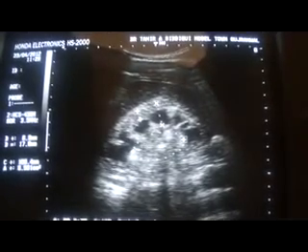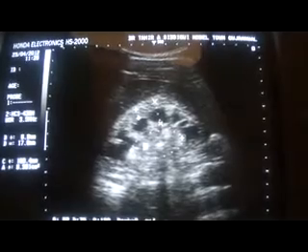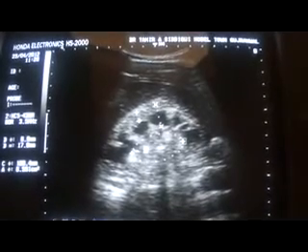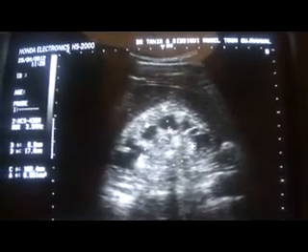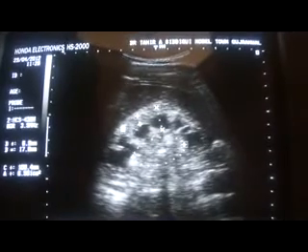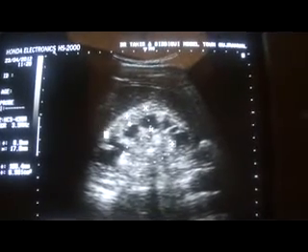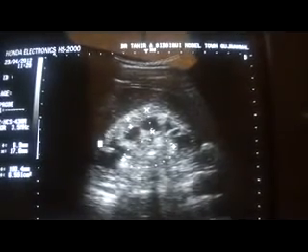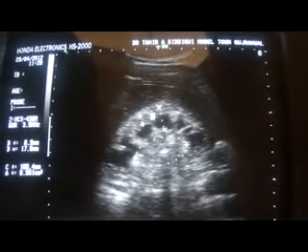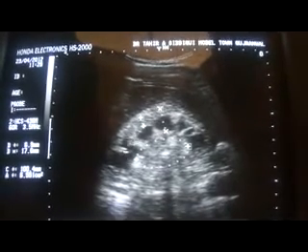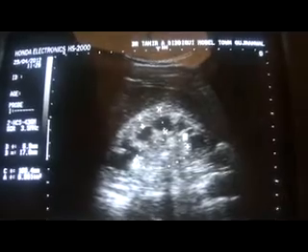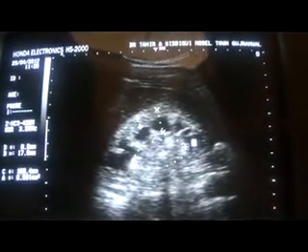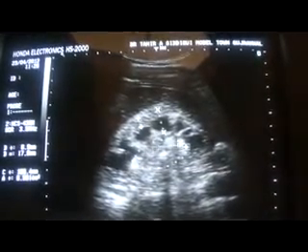So now there is another calculus seen in the lower pole region. This is another calculus that measures 8.6 millimeters in a kidney that shows muffled central sinus echo complex, no hydronephrosis.